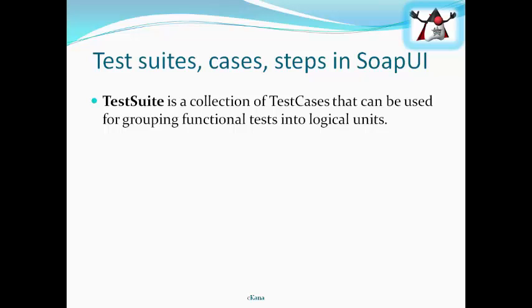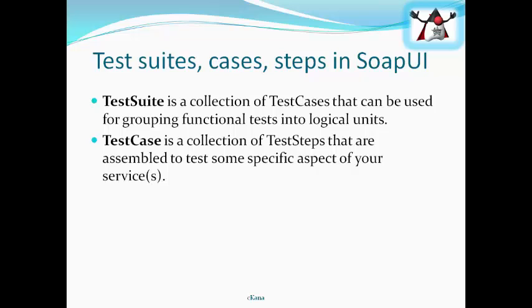Any number of test suites can be created inside a SoapUI project to support massive testing scenarios. A test case is a collection of test steps that are assembled to test some specific aspect of your service. You can add any number of test cases to a containing test suite and even modularize them to call each other for complex testing scenarios.